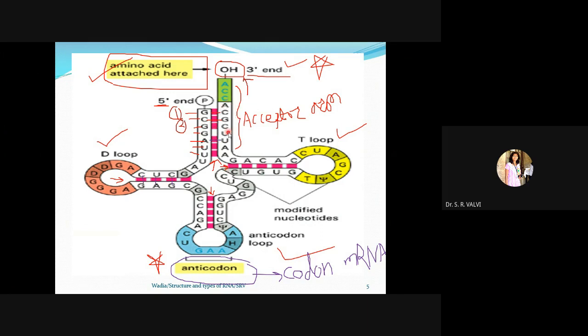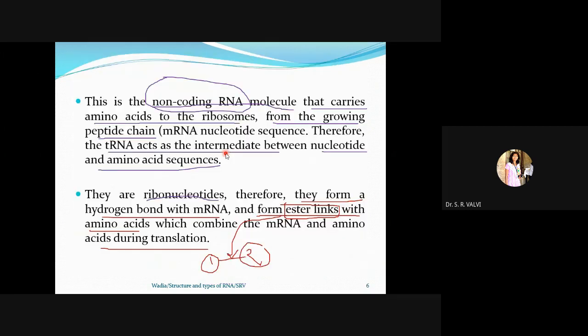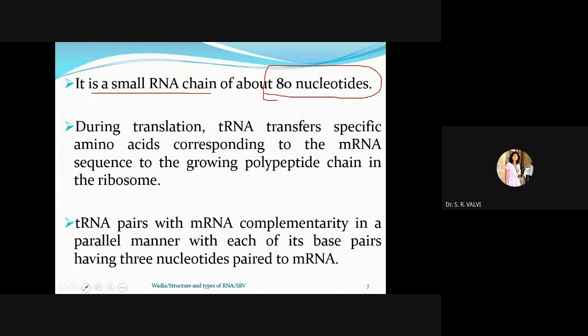So the inner part is made up of what? 70 to 80 nucleotides. During translation, tRNA transfers specific amino acids corresponding to the mRNA sequence to the growing polypeptide chain in the ribosome. So this is very well known to us, right? So how is it going to transfer?